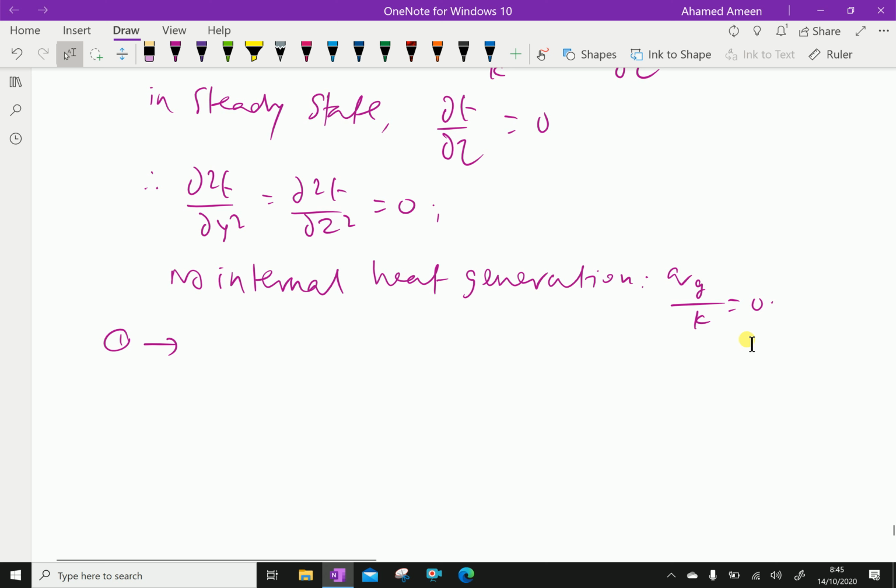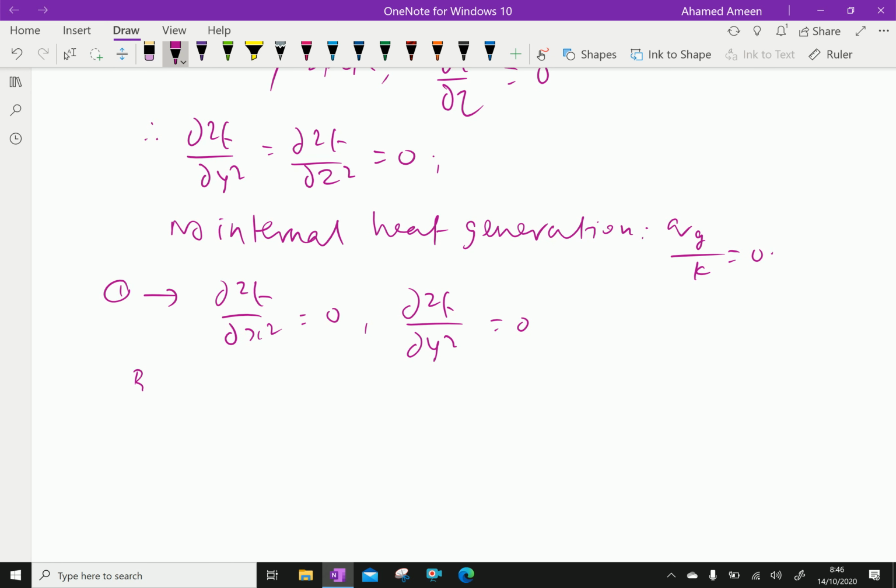Then the above equation reduces to del square T by del x square equals 0.